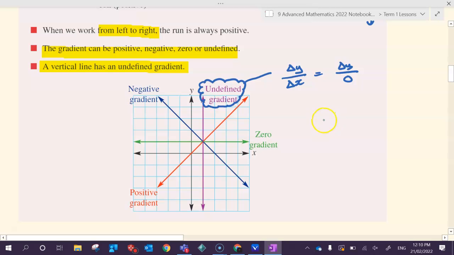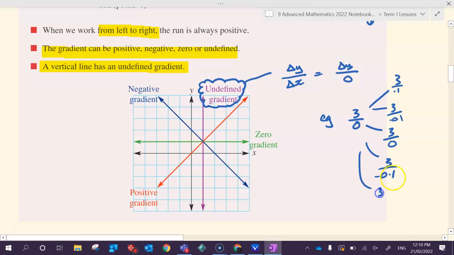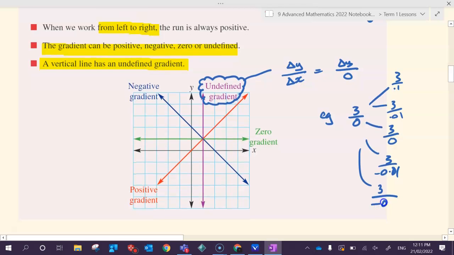Like if I do 3 divided by 0, I could look at 3 divided by 0.1, 3 divided by 0.01, 3 divided by negative 0.1, 3 divided by negative 0.01.